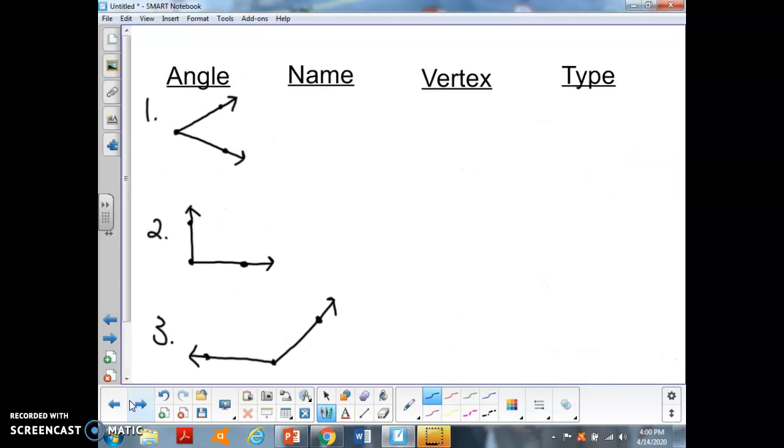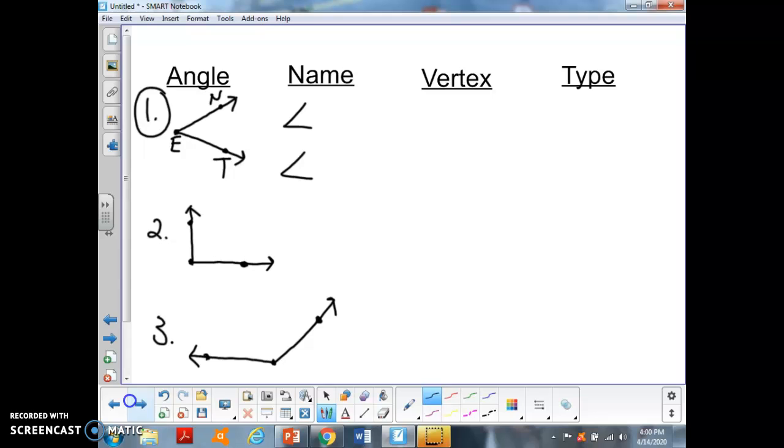All right. Now you can see my drawn versus computer drawn, much sloppier. Sorry about that. But number one, here we have an angle. Each side there'll be letters on it, and we can make up our letters N, E, T. Okay? They'll have letters on it today on your sheet. The name of that angle. Okay, remember we're going to use that same symbol, but there are actually two names.